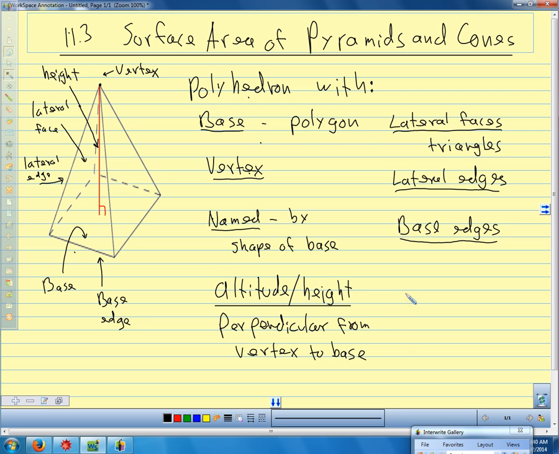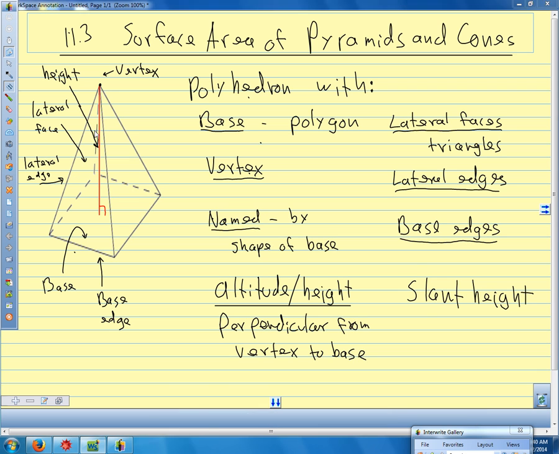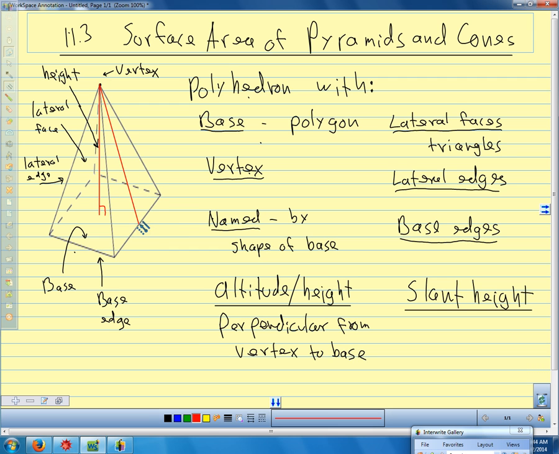And then we also have a slant height. Our slant height goes from the vertex to a base edge at a 90-degree angle. So our slant height would go along the side of the triangle, like so.